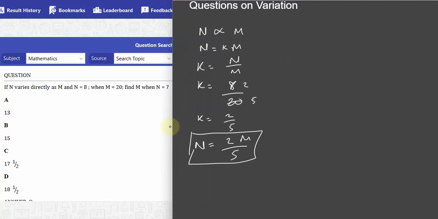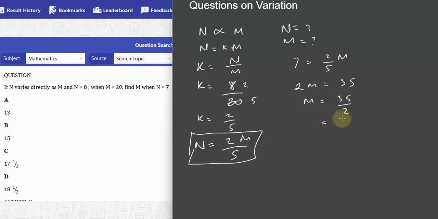So how do you do that? To get the value of m, you substitute the value of n and make m the subject. We know n to be equal to 7. So you say 7 equals 2 over 5 m, then you cross multiply, and that gives you 2m equals 35, then m equals 35 over 2.